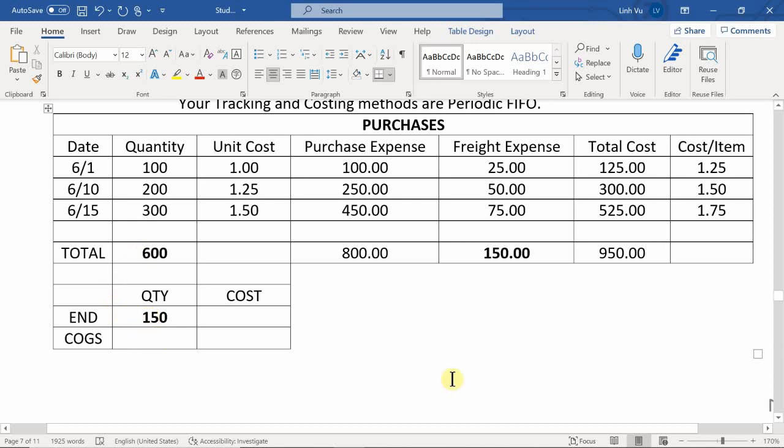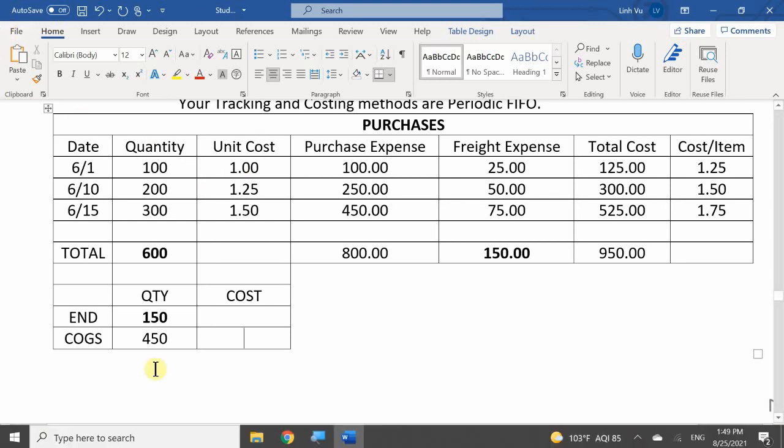So if I had a total of 600 available and I have a total of 150 left in inventory, how much did I sell? 450. Now we need to start calculating our totals.